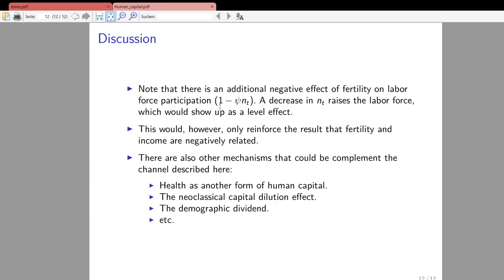Namely, if the number of children decreases, then what happens initially is that until these children enter the workforce, the number of dependents in the economy actually decreases.